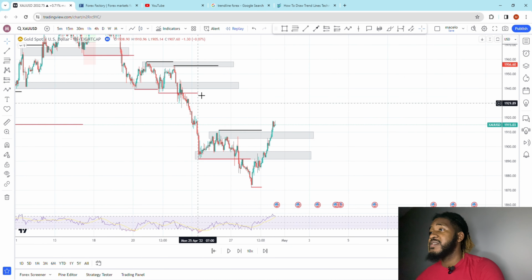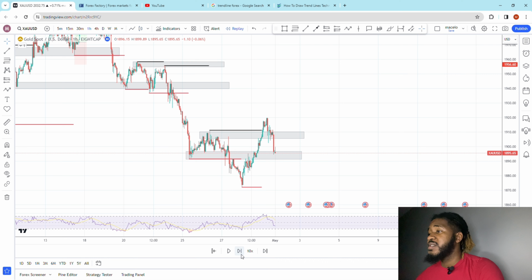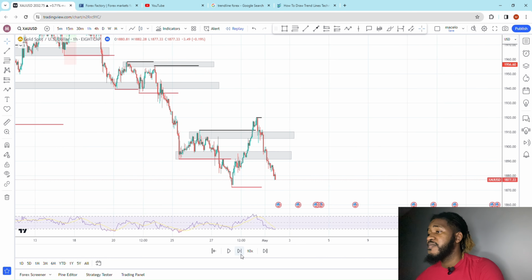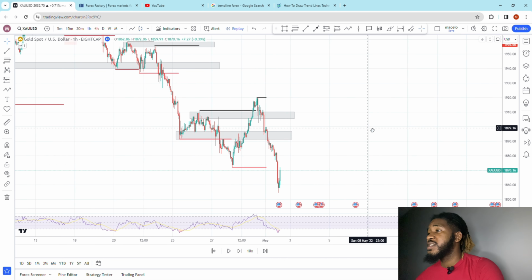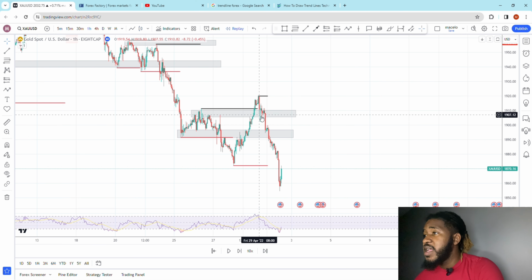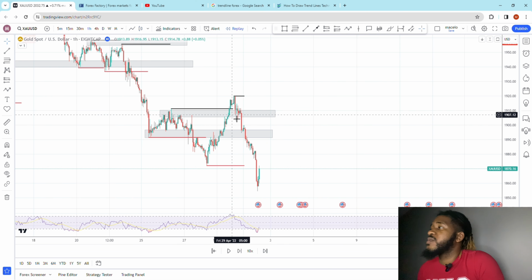Because we still have some of this that we could possibly try to retest. Wait and see what it does. Right, so price didn't give you any, and that's what we'll be careful of as well.